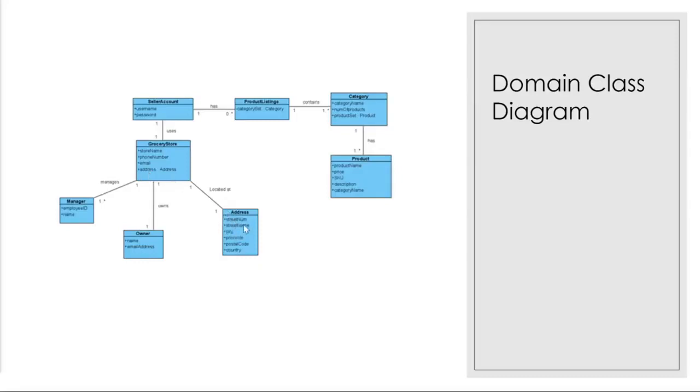And the address has street number, street name, city, province, postal code, and country. And grocery store can only be located at one address, and that address can only have one grocery store at it. And the grocery store is also linked to one owner, and that owner can only own this grocery store.